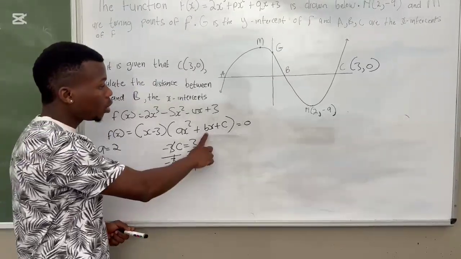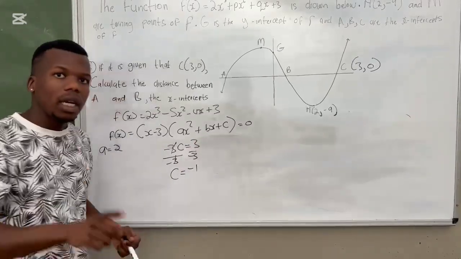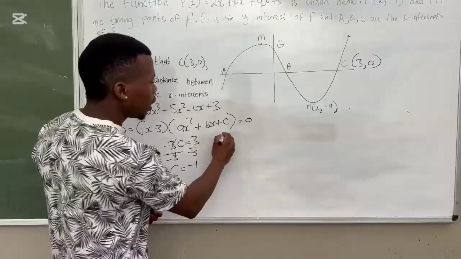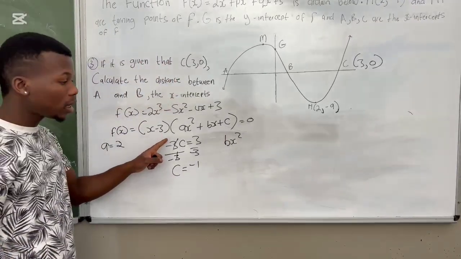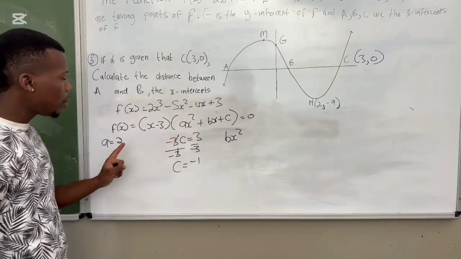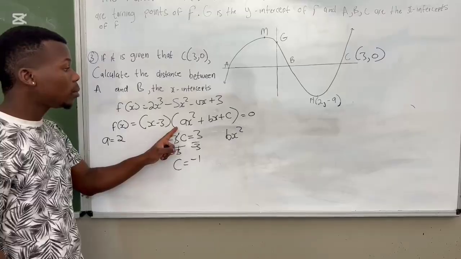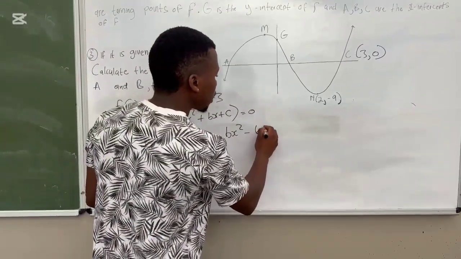Now we need to calculate the value of b. Now remember something, x multiplied by bx is bx squared. And then we know that negative 3 multiplied by ax squared. But what is my a? My a was 2, meaning this is going to be negative 3 multiplied by 2x squared, which will be minus 6x squared.